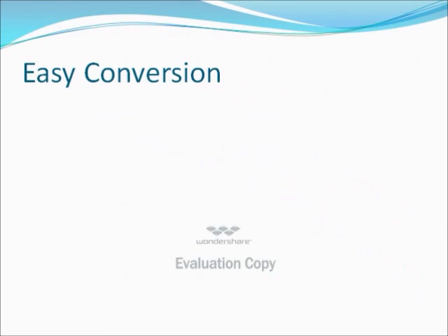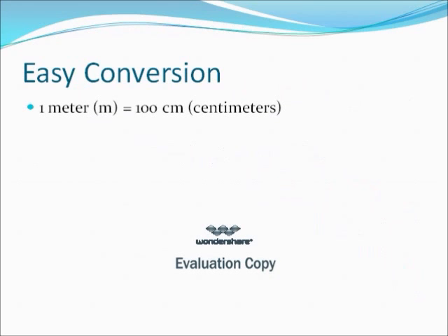Some easy conversions that you may just want to memorize. 1 meter is the same as 100 centimeters. And 1 meter is the same as 1,000 millimeters. Okay, so 1 meter is the same as 100 centimeters, and 1 meter is the same as 1,000 millimeters.